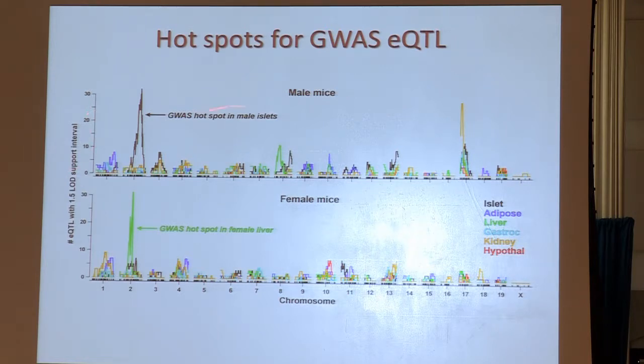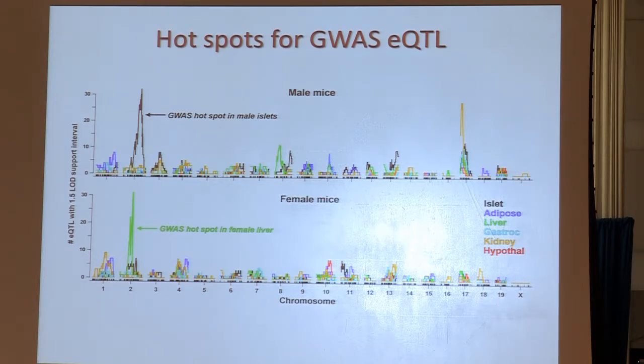So here I'm looking at a measure of the number of eQTL that map to a locus. The top panel shows that for male mice. The bottom panel shows that for female. And the tissues are color-coded. And if you look here on chromosome 2, there's this big black skyscraper, which are a lot of the GWAS genes mapping to chromosome 2 in the male islets.